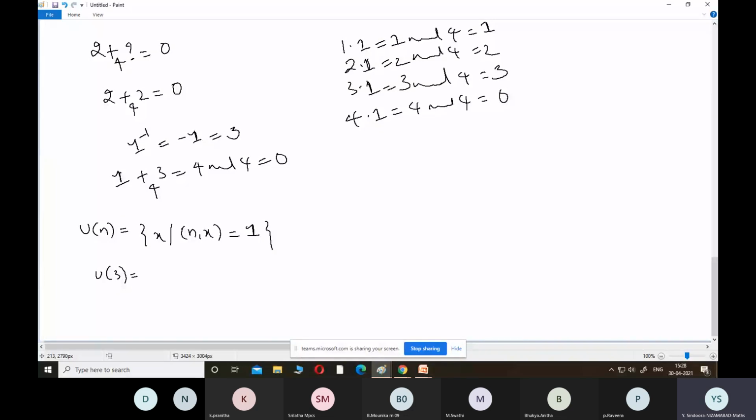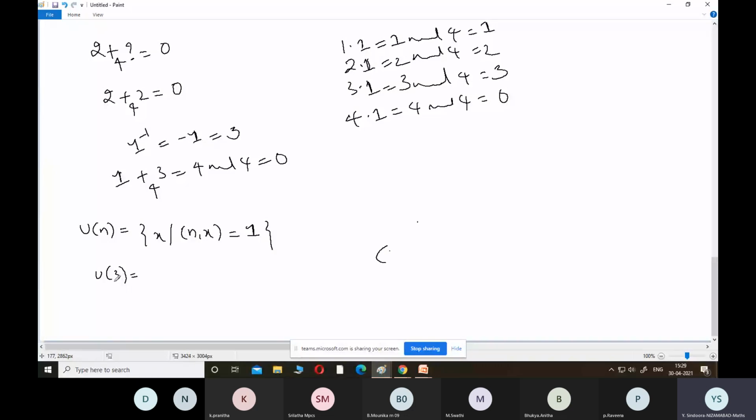So I'll write down the elements of U of 3, according to the definition.